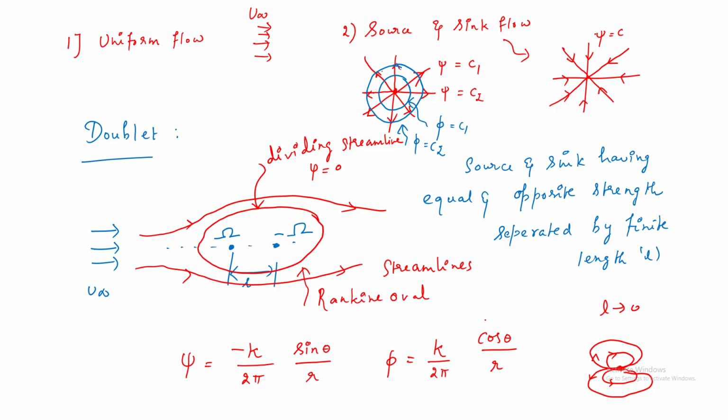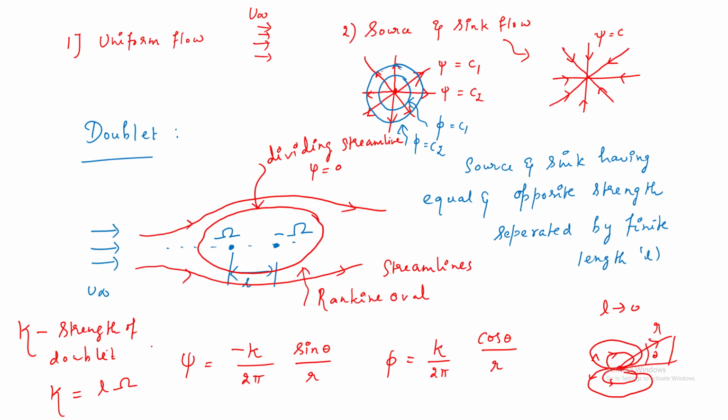From this we will use the polar coordinate system, at r and theta. This is r, and this is theta. From this we can calculate. This kappa is the strength of the doublet, which will be denoted by the length times the strength of the source and sink.